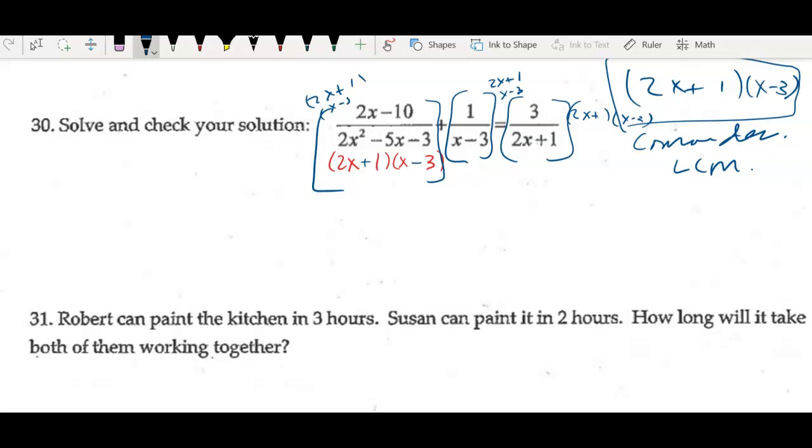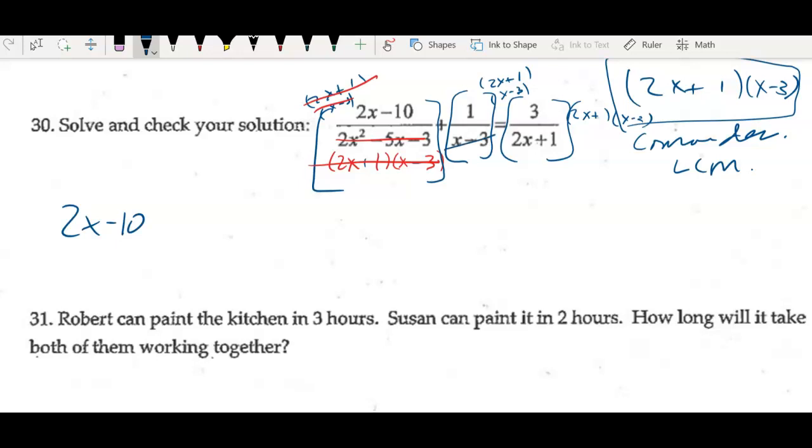We're going to multiply every term by all that. It looks messy, but watch what happens. The entire denominator cancels. On the first one, I just have 2x minus 10.